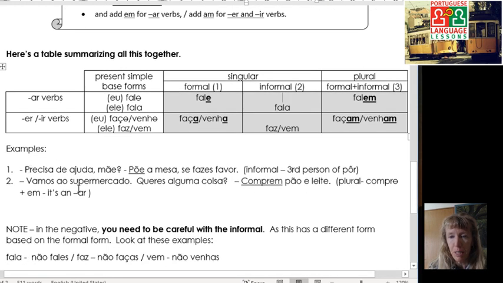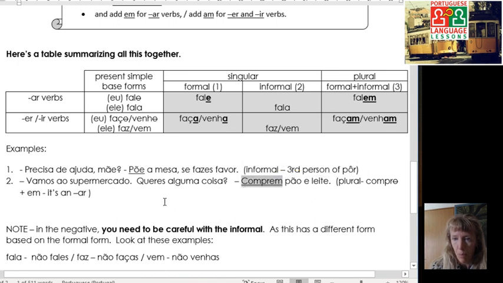A few examples here. Precisa de ajuda, mãe? Põe a mesa se fazes favor. So, lay the table, please. So here we're using the informal. Vamos ao supermercado. Queres alguma coisa? Comprem pão e leite. So here I've got the plural form.